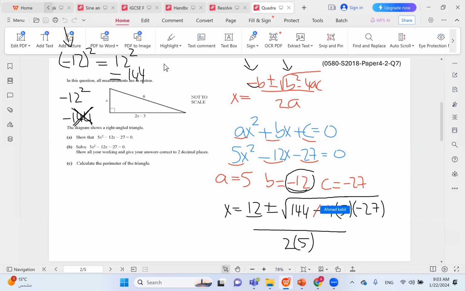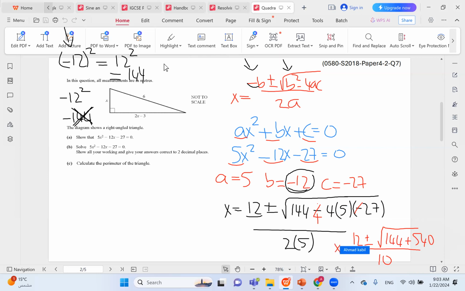These negatives cancel out, and we just get a plus here. And then 4 times 5 times positive 27, that's 540. So we have root of 144 plus 540. And outside we have 12 plus minus this answer over 10.